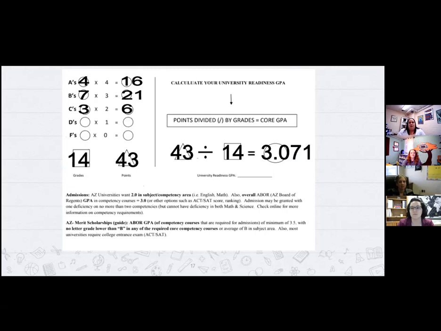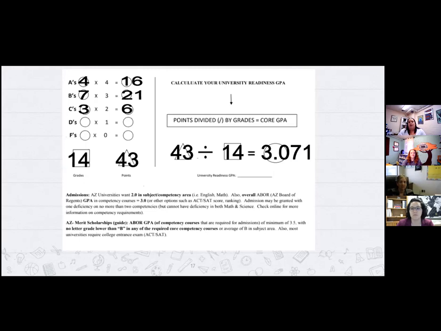So this is what universities are going to be looking at for admissions and merit-based scholarships. Admissions into Arizona universities, they're looking at a 2.0 in your subject area. If you notice at the top half of your sheet, there's a spot for you to calculate your GPA for each subject area.